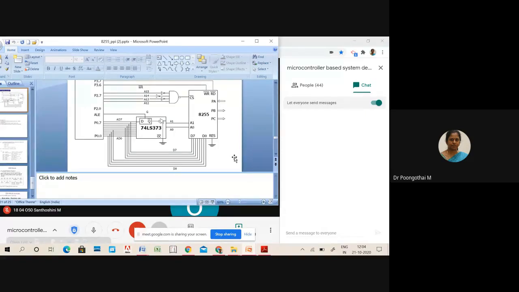What is A15, A14, A13, A12 to output 0? When all the inputs are high, your output will be 0 according to the NAND gate truth table. So you have to find out A15, A14, A13 and A12.